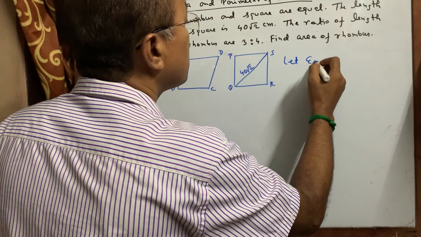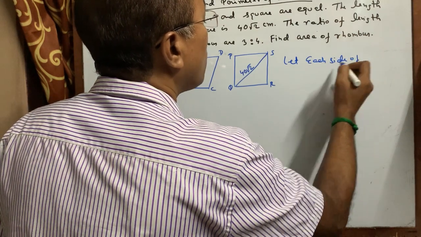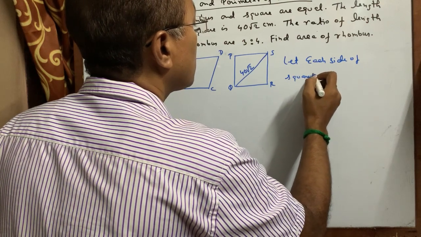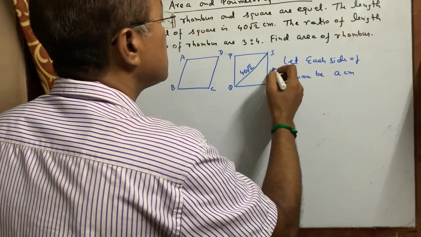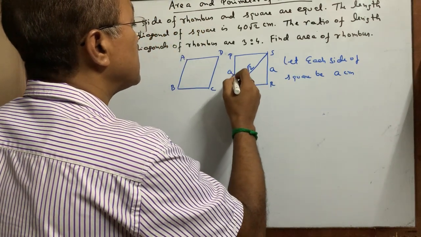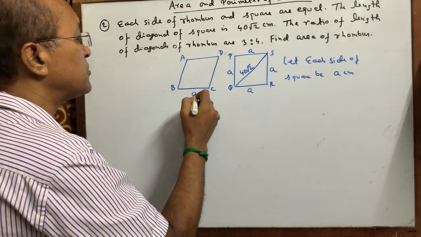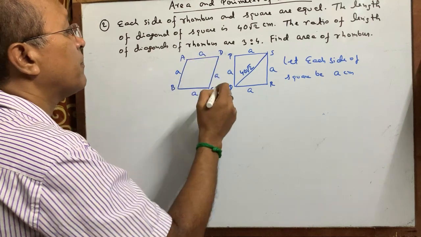Let each side of square be A centimeter. So each side is A.